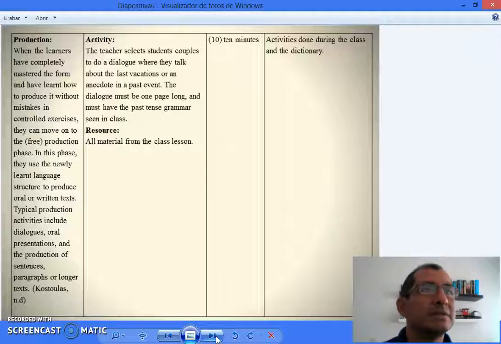For this activity, they use 10 minutes. And the source of this activity is activities done during the class and the dictionary. The activities that the students are doing may help them to finish this activity.